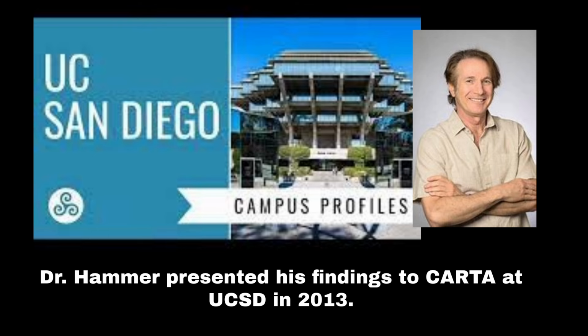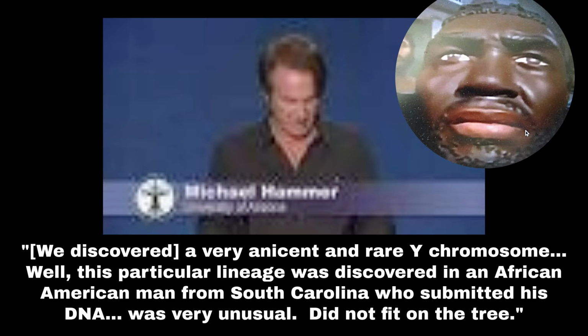Dr. Hammer presented his findings to Carta at UCSD in 2013. Quote, "We discovered a very ancient and rare Y chromosome. Well, this particular lineage was discovered in an African American man from South Carolina who submitted his DNA, was very unusual, did not fit on the tree," end quote.